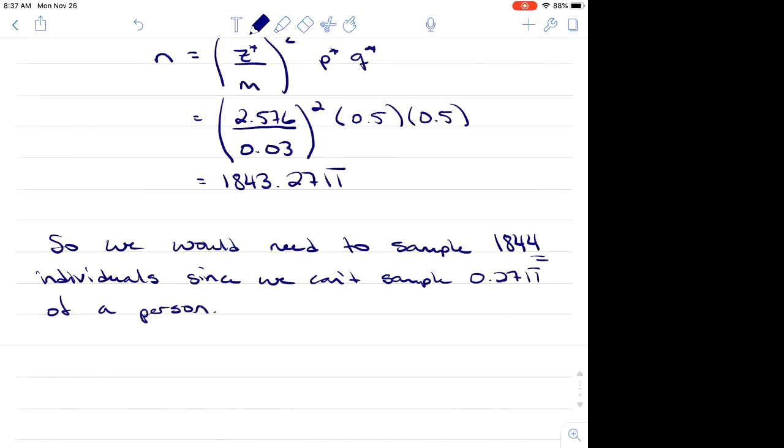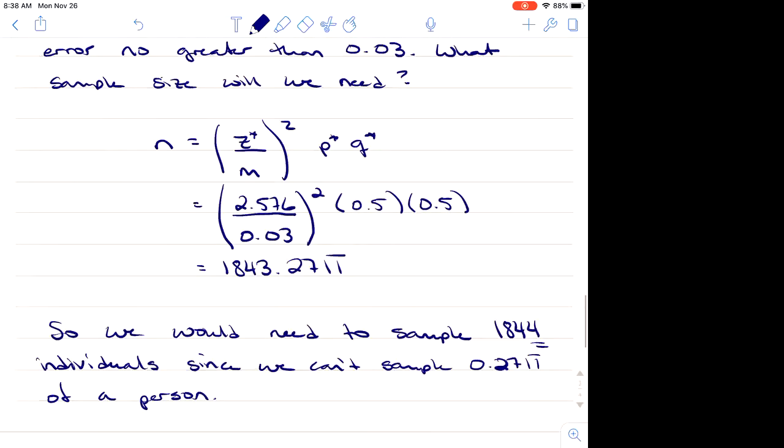Right. Remember, these are categories. So how would you quantify the hair color of 0.2711 of a person? You can't. Right? You'd have to sample another person. Okay. So that's how you're going to calculate sample sizes.